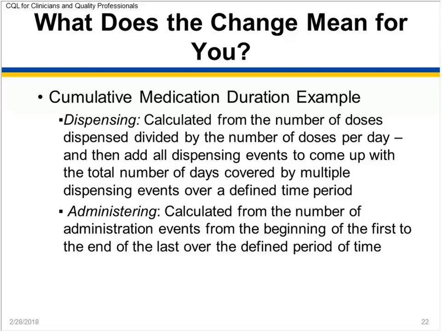And that's actually present in the logic. So not only is it readable, but it's computer processable because the information's in the logic. And if you're using administering versus dispensing, the calculation's a little different. It's the number of administration events from the beginning of the first to the end of the last over the period of time. So these are much better provided today, or can be, with the CQL. Next slide.